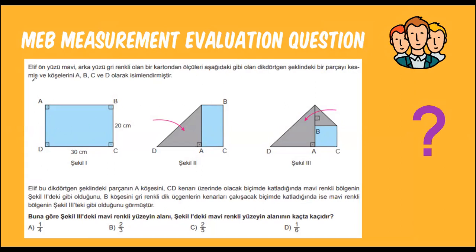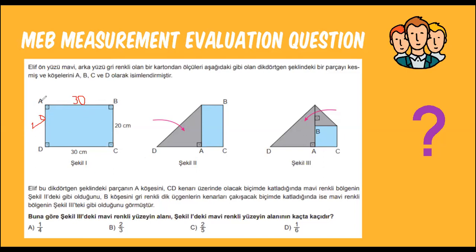Now Elif has a rectangle paper. Long side is 30, short side is 20. So this side is 20 and this side is 30 from the features of rectangle. Okay.